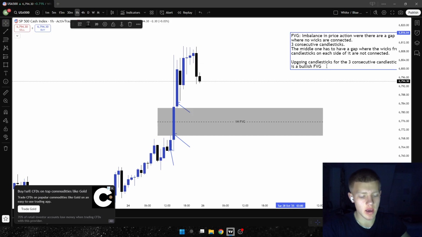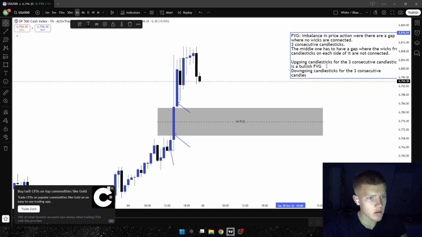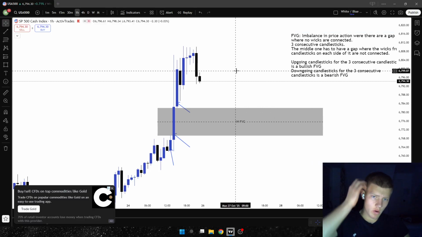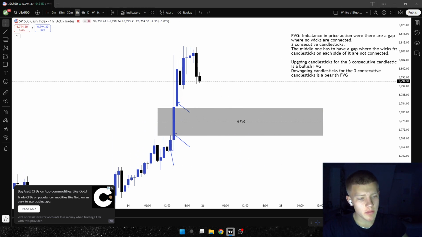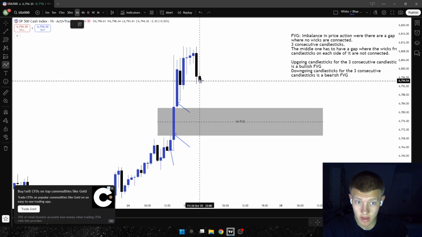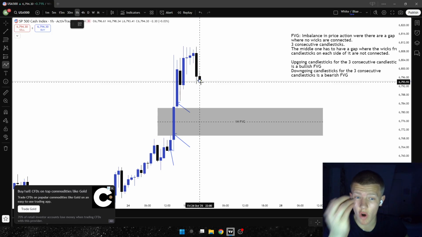So if it is downgoing candlesticks for the 3 consecutive candles, it is a bearish fair value gap. So we have upgoing candlesticks. That is a bullish fair value gap, which means that is a high probability. First of all, it is a good magnet. It is a good draw on liquidity.